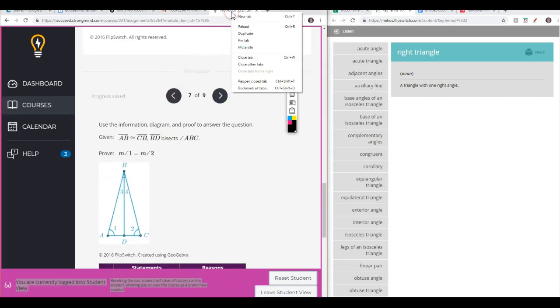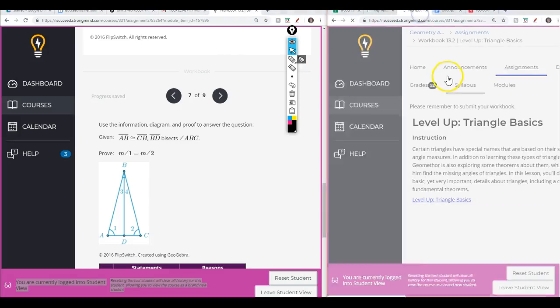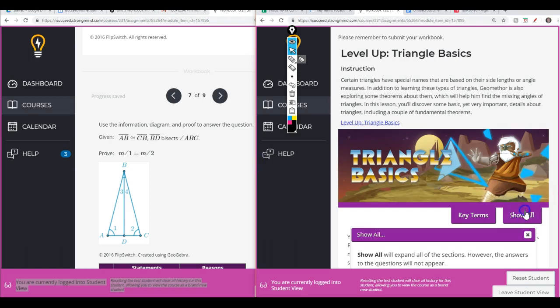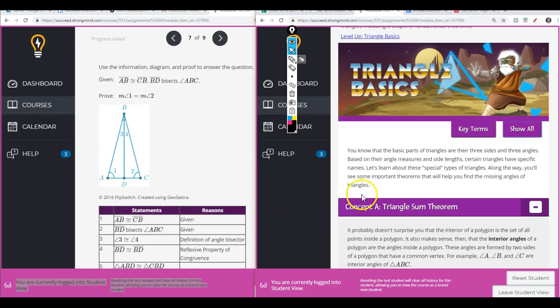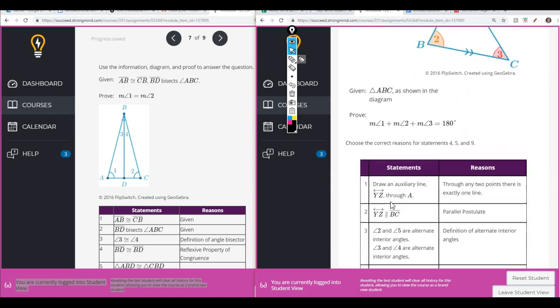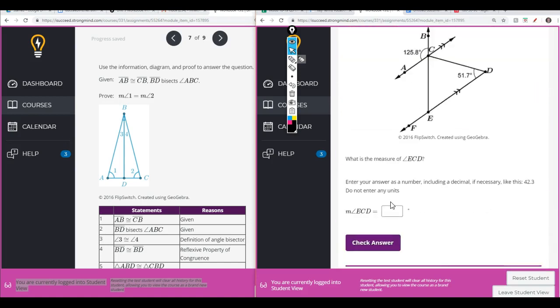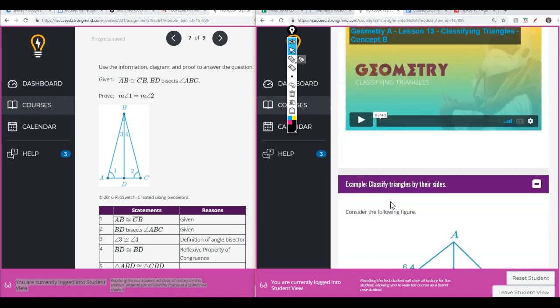So again, the first thing I do on proofs is I duplicate the tab, pull it up, and see if I can find an example that looks similar to this one. So I'm going to just scan to see if I have a proof that is similar to this one.